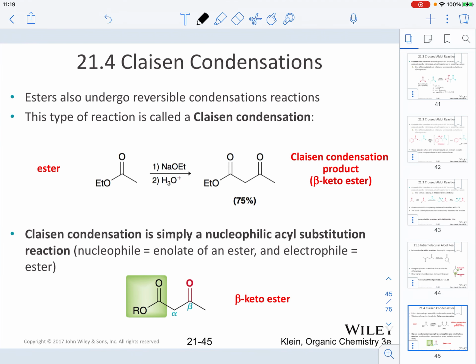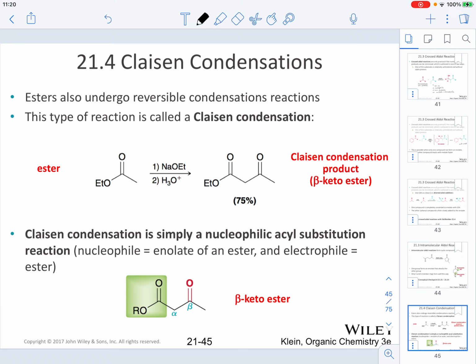Now we are going to proceed to talk about Claisen condensations. When it comes to Claisen condensations, understand that this particular type of reaction has to do with esters. Esters also can undergo, as you can see, reversible condensation, and this type of reaction is actually called a Claisen condensation.